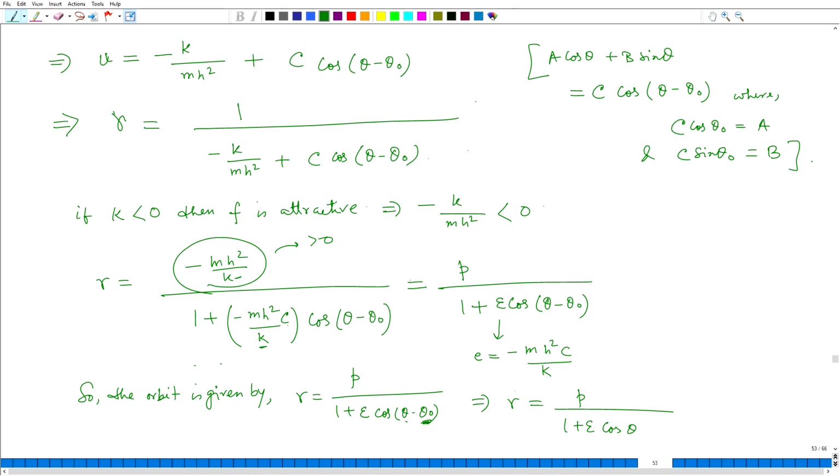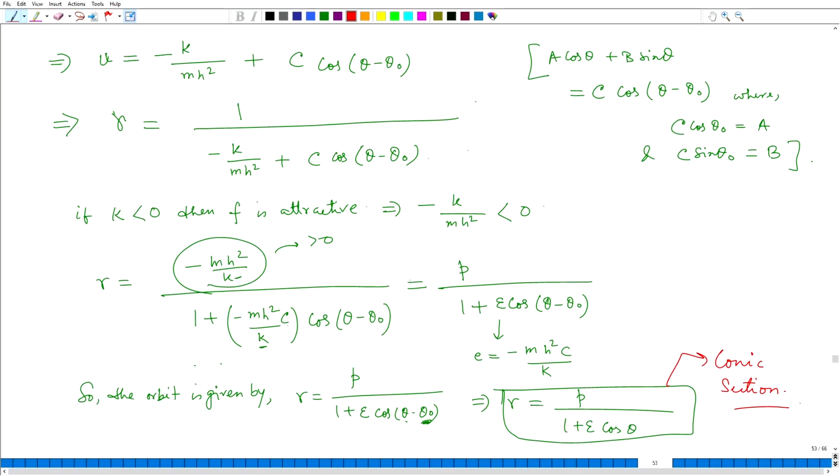And this is the polar equation of a conic section. Just by using Binet's equation, you can show that if the force law is inverse square and attractive, then the trajectory has the shape of a conic section.